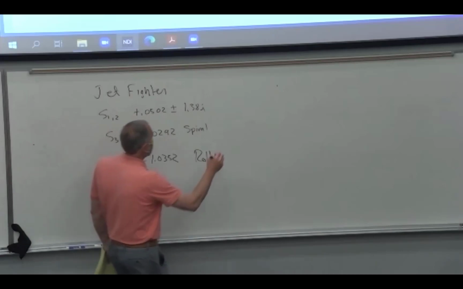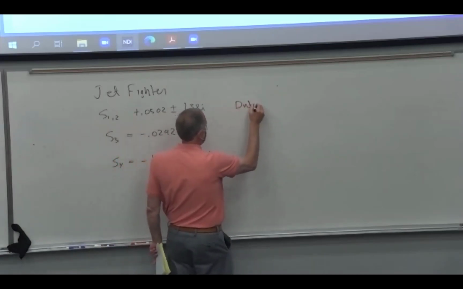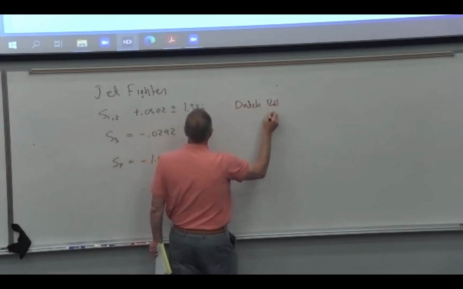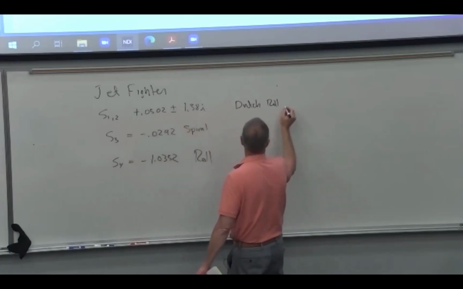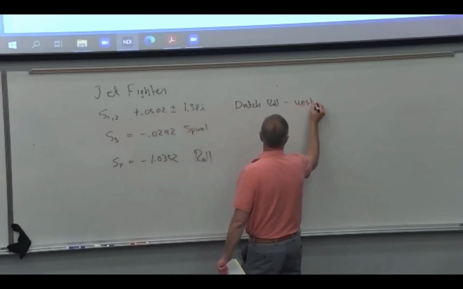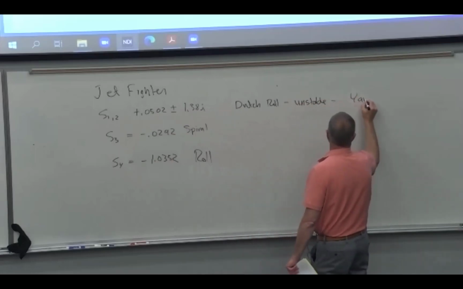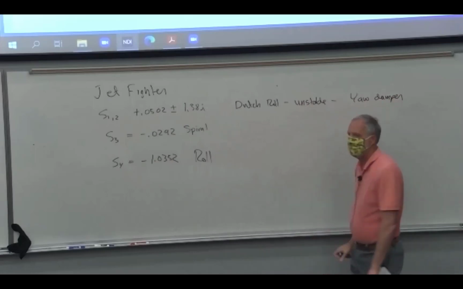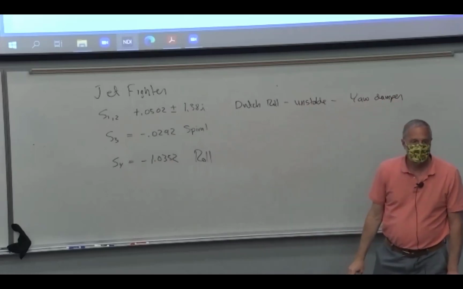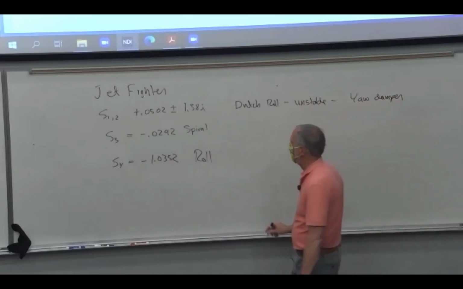This is the Dutch roll. It's oscillatory, but notice it's unstable. So this airplane has to have a yaw damper output feedback controller added to it to make it stable in Dutch roll.